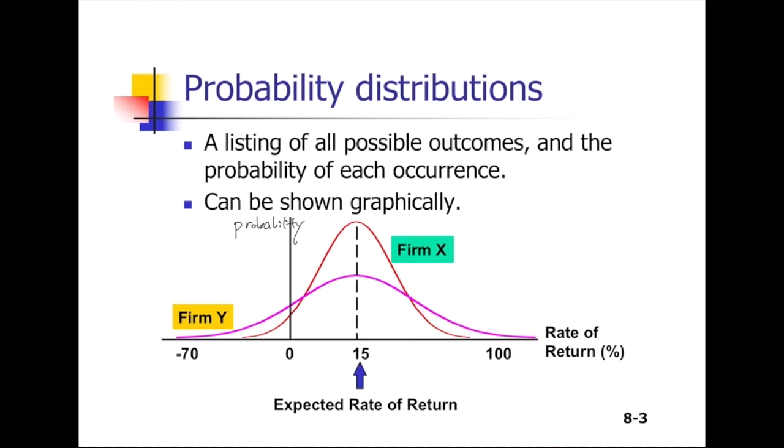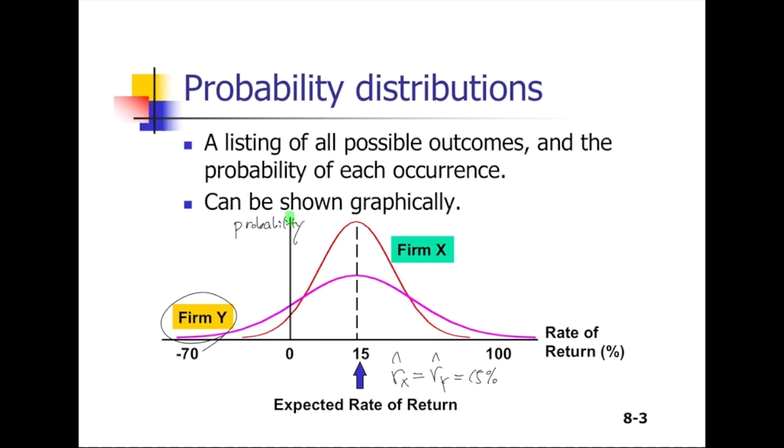So we can write: the expected rate of return of plan X is the same as the expected rate of return of plan Y. It is 15%, right? And we can pose a question: which plan is riskier, plan X or plan Y? Which plan is riskier? Yeah, plan Y. Why?